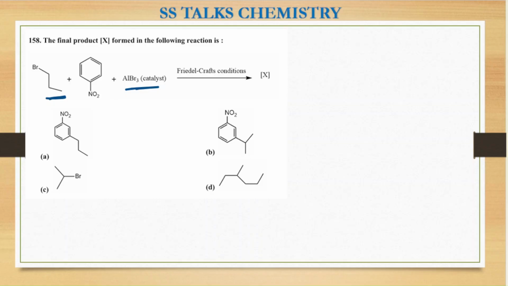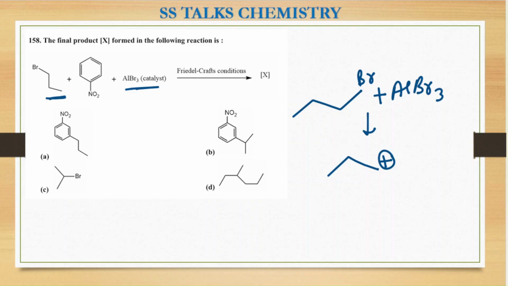So we are having 1-bromopropane. If you are treating it with AlBr3, this will give you the primary carbocation first. Right? Now for the rearrangement, a 1,2 hydride shift is possible, which is going to give you a stable carbocation, that is this one. So this species you will be getting.